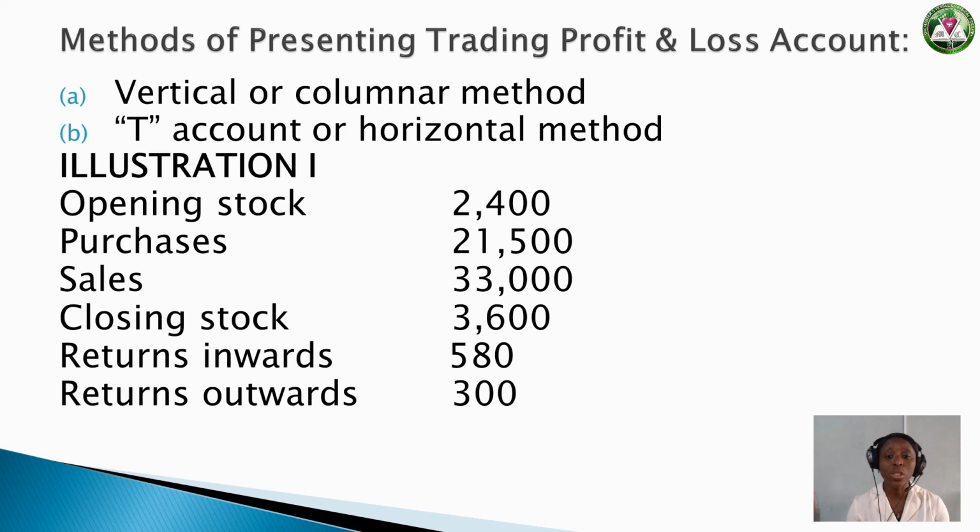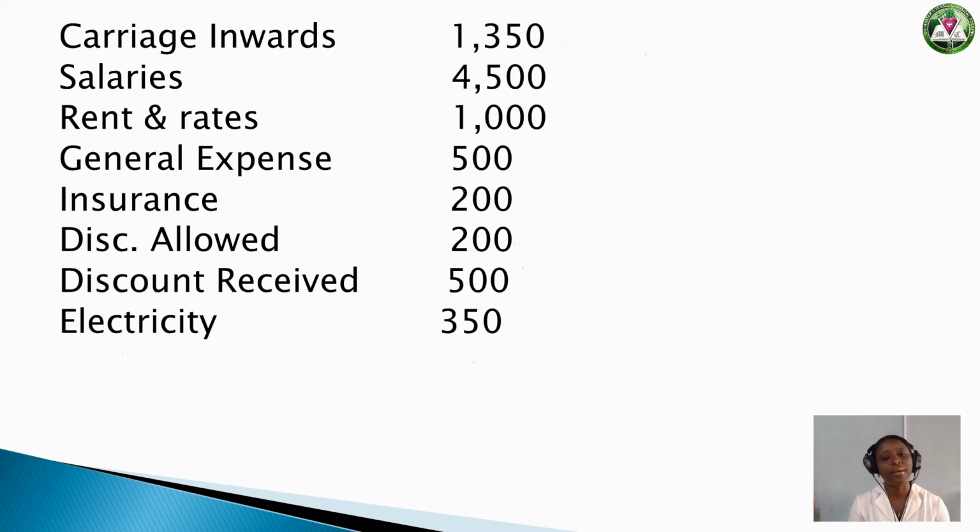Okay. Opening stock 2,400. Purchases 21,500 naira. Sales 33,000 naira. Closing stock 3,600 naira. Chidera, I hope you are writing. Stop looking, just write. Return inwards 580. We have return outwards 300 naira. Carriage inwards 1,350.